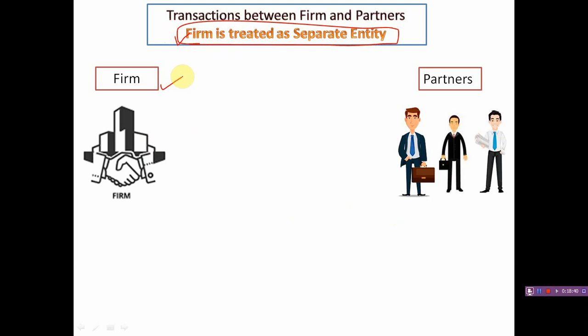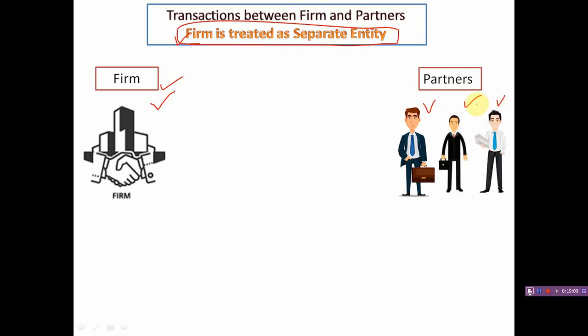Firm is treated as a separate entity means here the firm and the partners are two separate entities. The income of the firm or the expenses of the firm should not be clubbed with the incomes and expenses of the partners. It means the income of the firm is taxable in the status of firm and the income of partners is taxable in the status of individual.